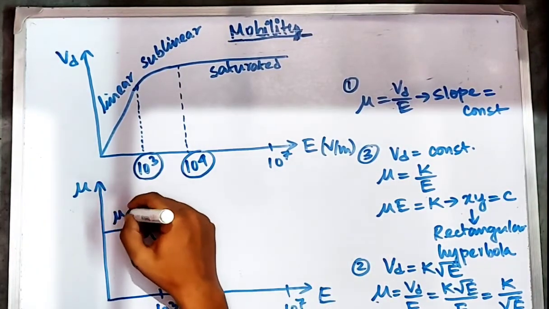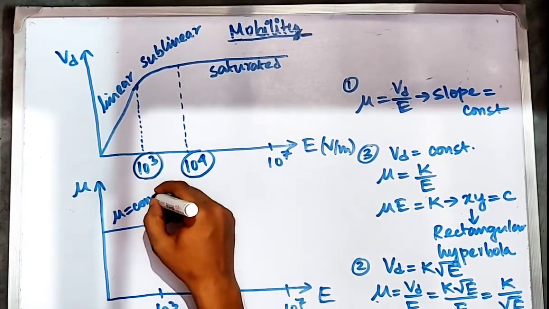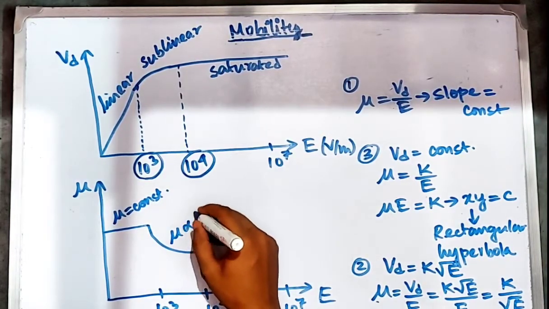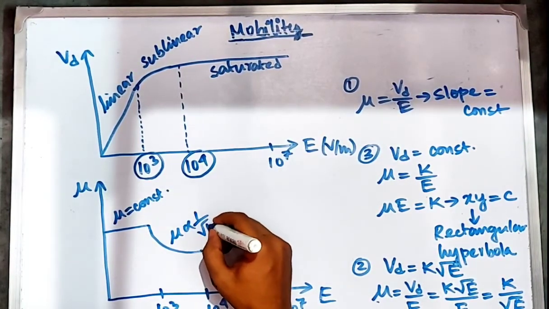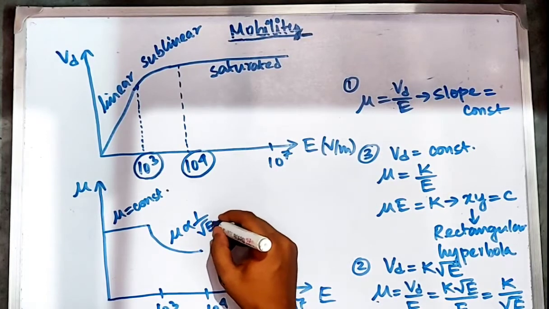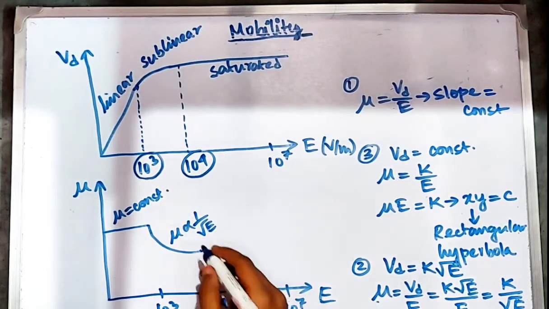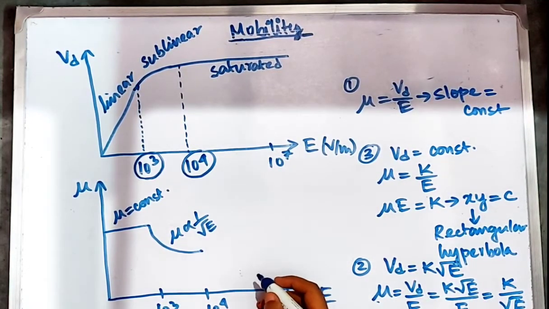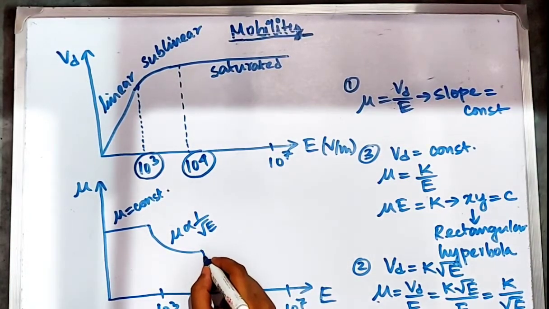So here the mu is constant, here the mu varies inversely proportional to the root of the electric field, and here in region 3 it is following the locus of a rectangular hyperbola, so it looks something like this.